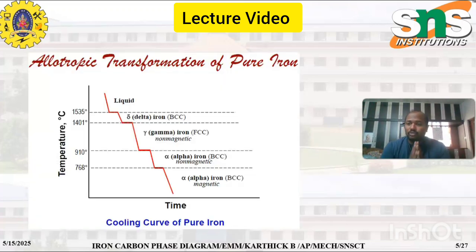Before going into the iron carbon diagram, we have to see the allotropic transformation of pure iron. If a material changes its crystal structure with a change in temperature, it has an allotropic transformation. Pure iron has an allotropic transformation.